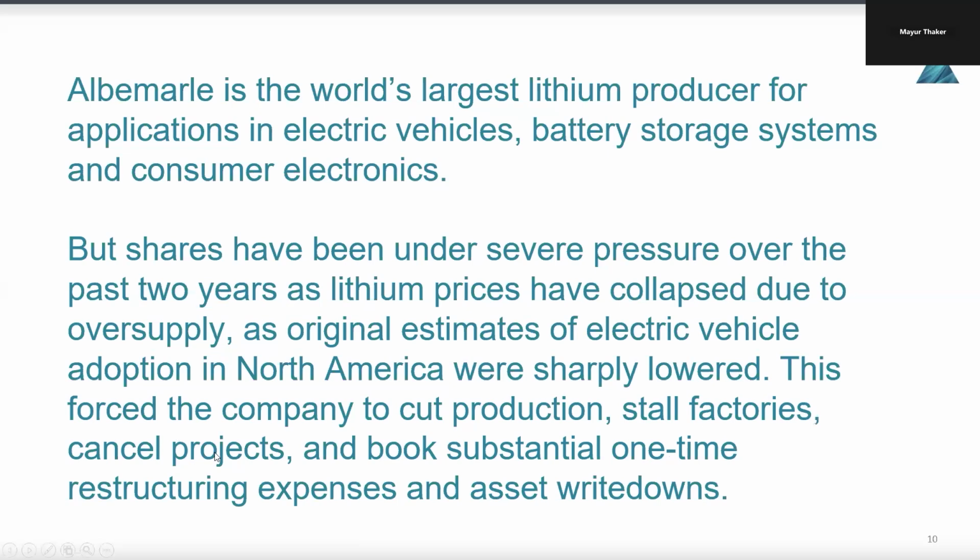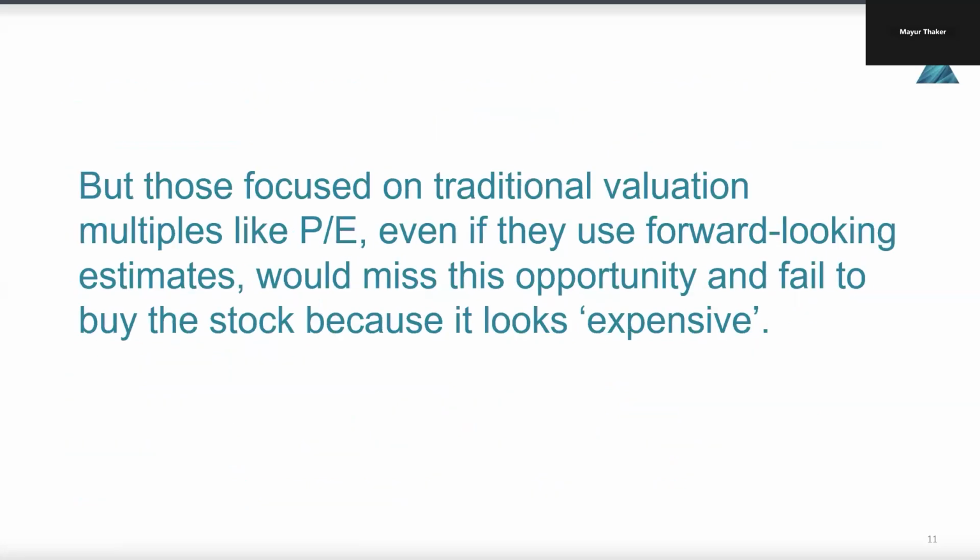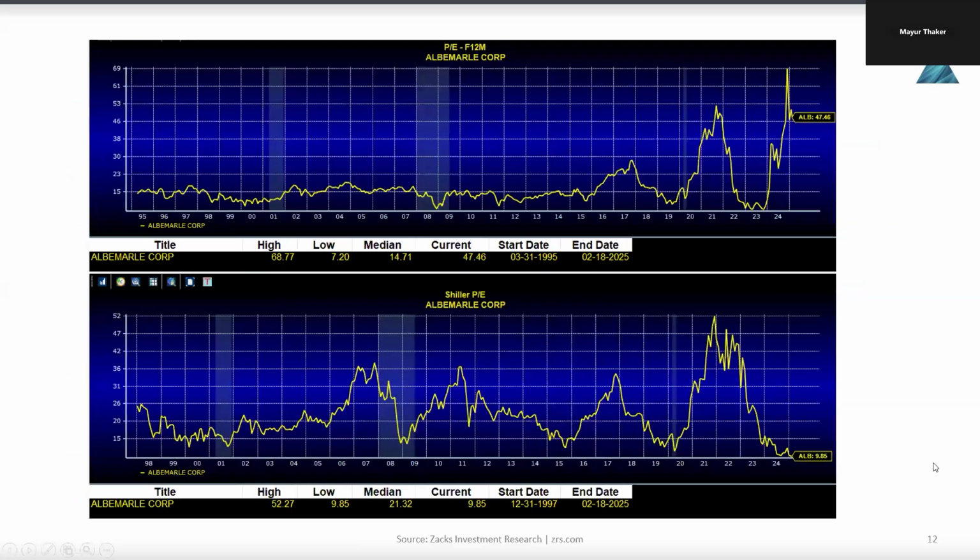When you cancel projects, you incur restructuring expenses and asset write-downs. But again, these are one-time expenses. Now, maybe they last for a year, maybe they last for a year and a half, maybe it lasts 2 years. But for those with a long time horizon, this is now the time to be buying shares of Albemarle.